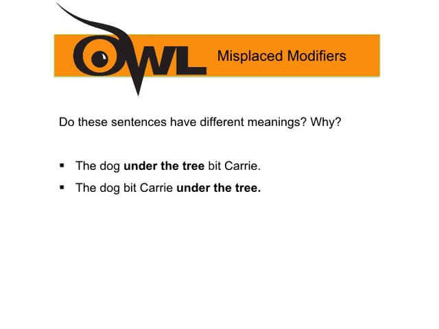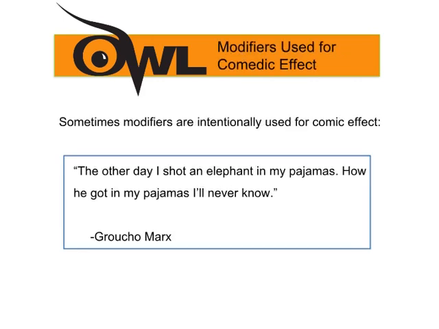Click mouse to advance slide. Example. Occasionally, misplaced modifiers can be used for comic effect, as in this famous example from the comedian Groucho Marx. The facilitator may note that, "in my pajamas," is the modifying phrase in this example.